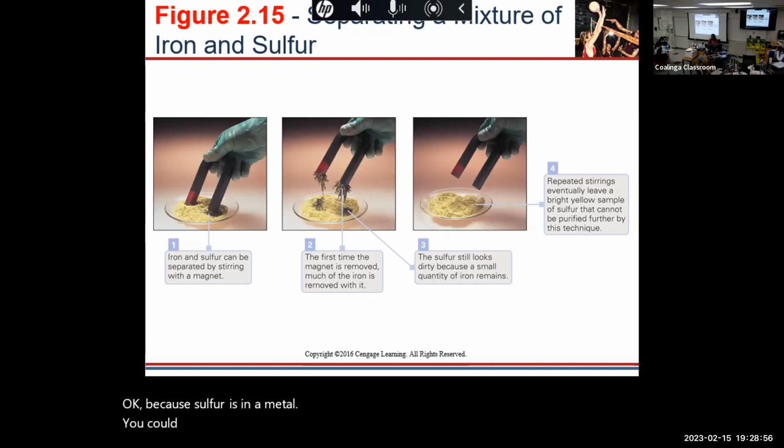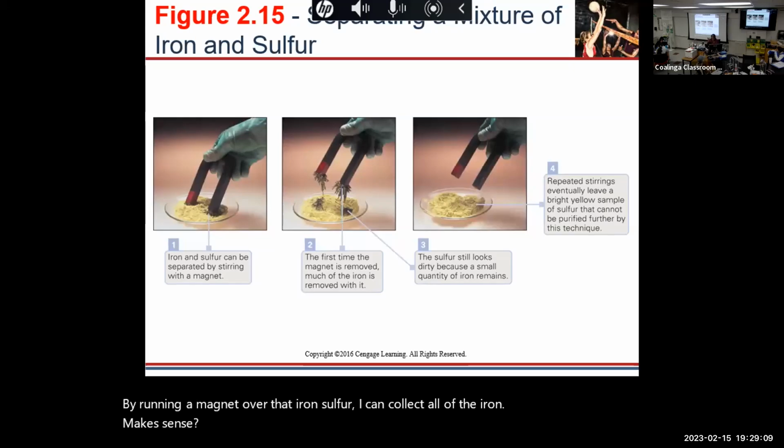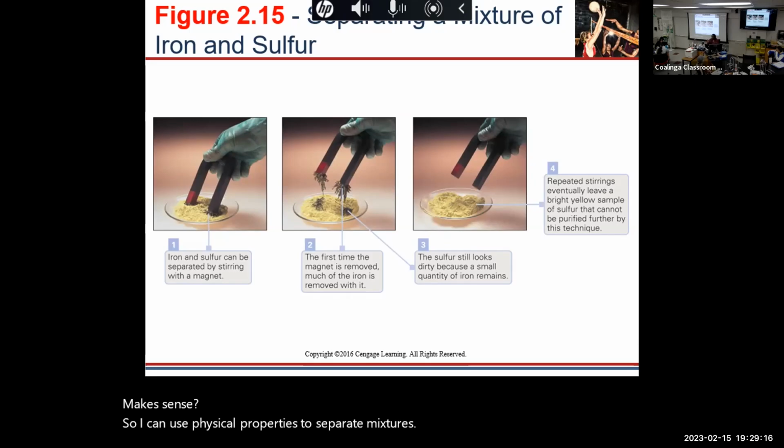It couldn't care less about the magnet. So by running a magnet over that iron and sulfur, I can collect all of the iron. Make sense? So I can use physical properties to separate mixtures of things.